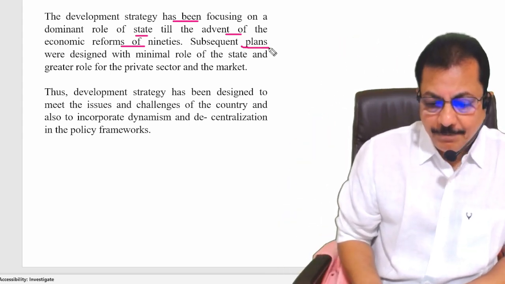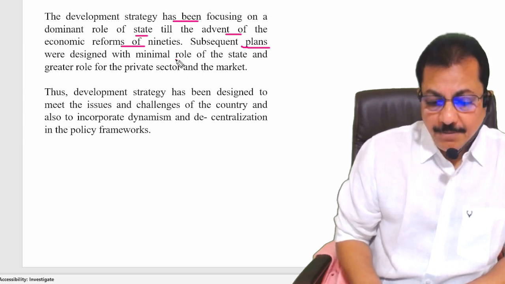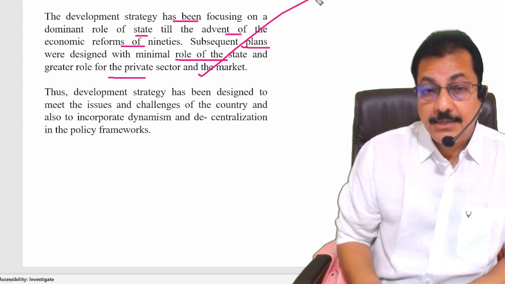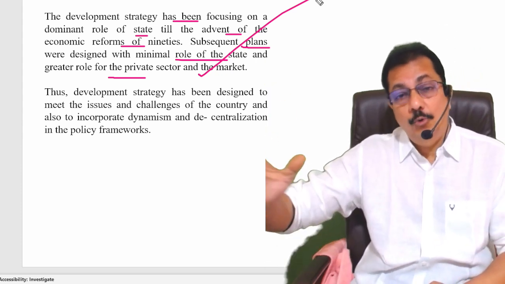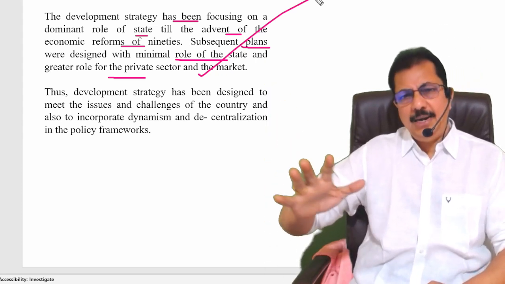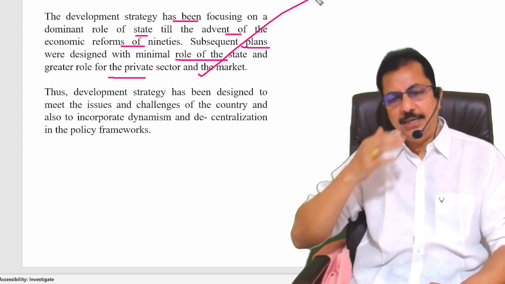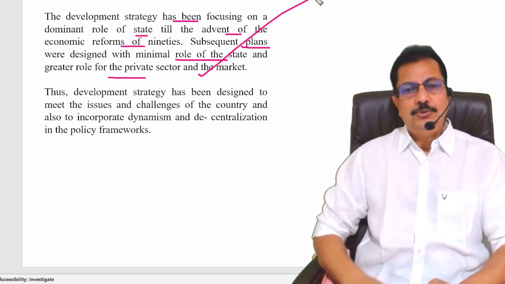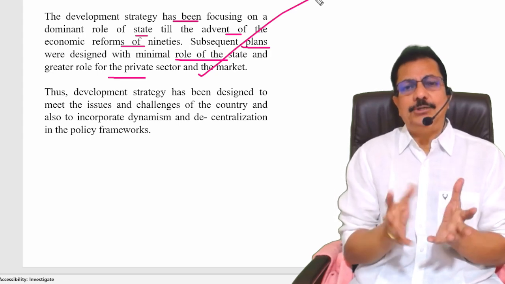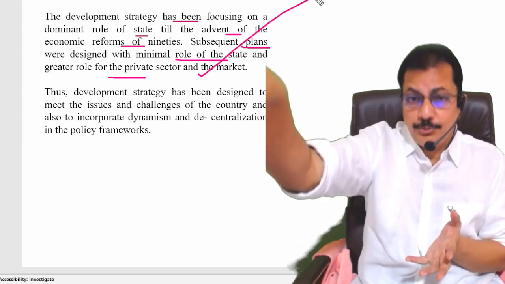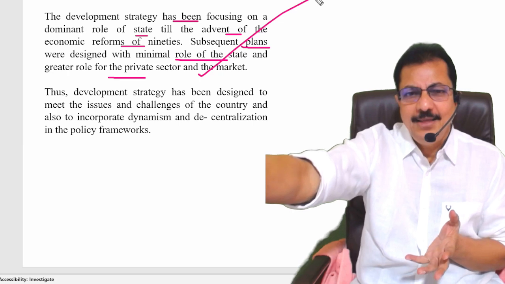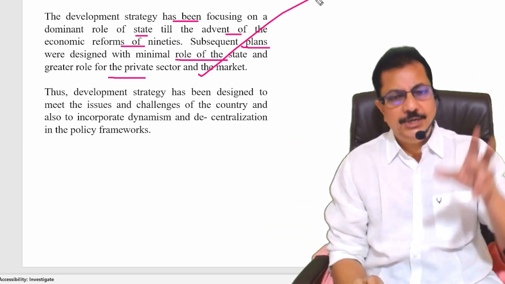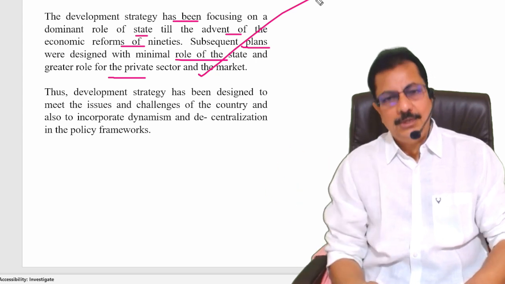So subsequent plans were designed with a minimal role of the state and a greater role for the private sector and the market. Because we have opened the economy, we have liberalized, privatized and globalized in order to attract investments from the private sector. So you have to make your plans to suit the needs of those private sector people. Clear? So from domination you became accommodative, you have become supportive.